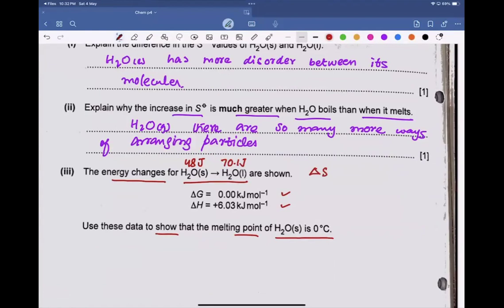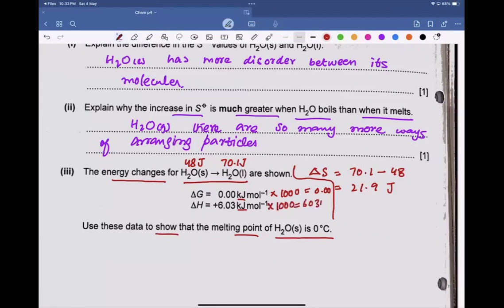So the entropy change would be 70.1 minus 48. Can anyone calculate the entropy change? Okay, so we got the entropy change 21.9 joules, and these are kilojoules. So to turn them into joules, you have to multiply by 1000, so it's going to be 6030.